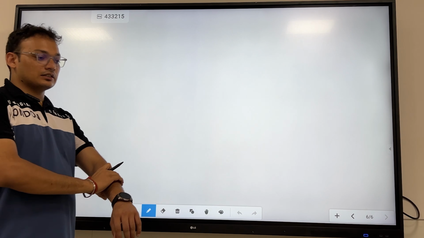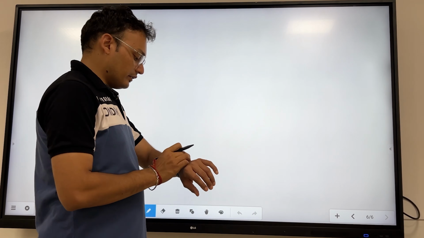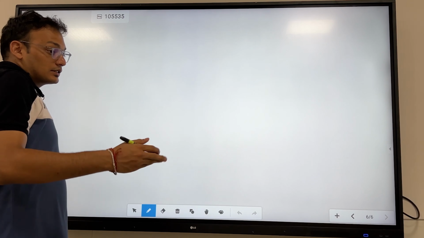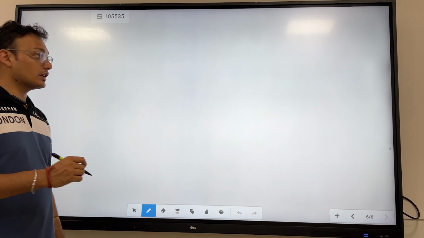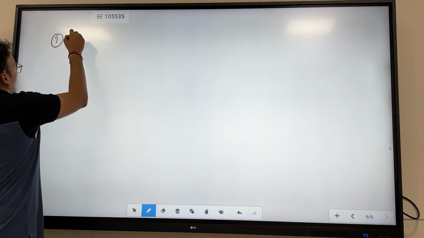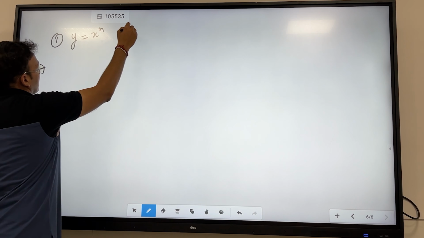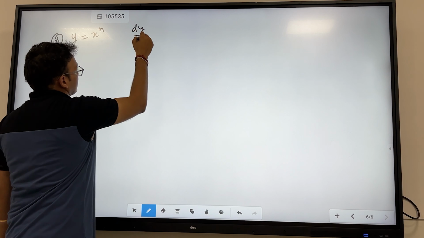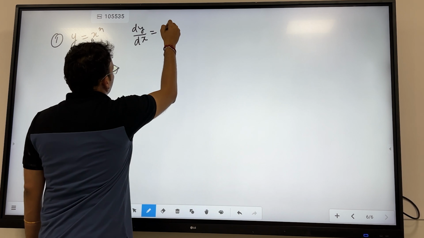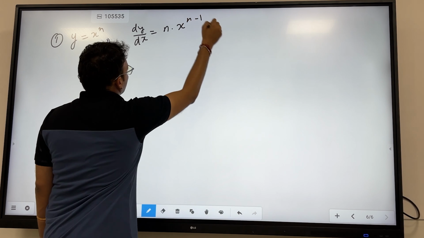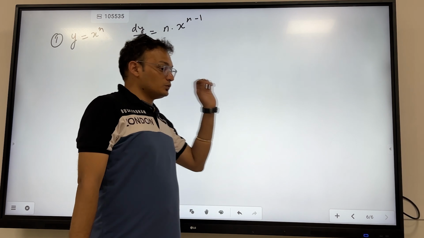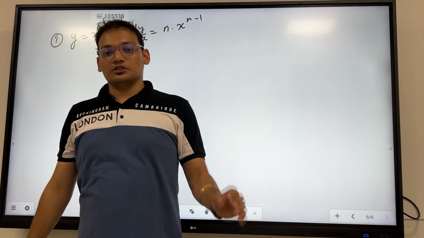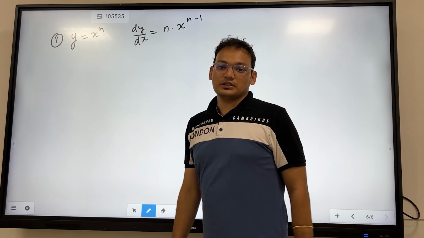Now let's learn some more properties of derivatives, right? Now the first property is if y is equal to x raised to the power n, then dy over dx is equal to n times x raised to the power n minus 1. Now let's prove this using the first principle.